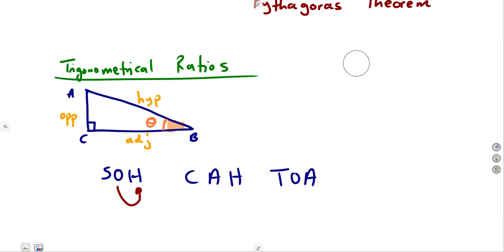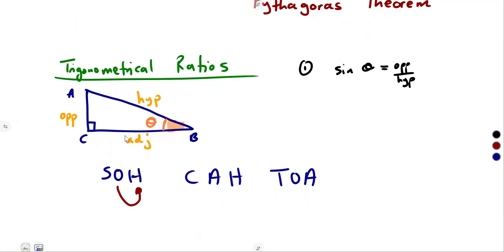So we can have these trigonometrical ratios according to this concept. Number one, the sine of the angle theta is equal to opposite over hypotenuse.